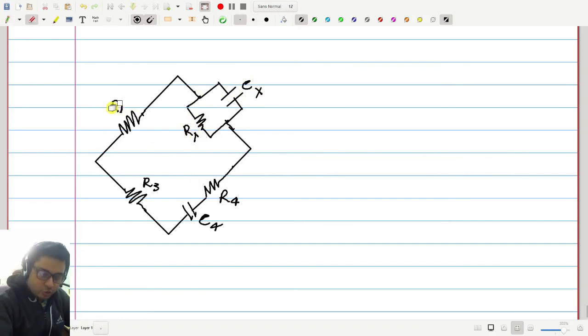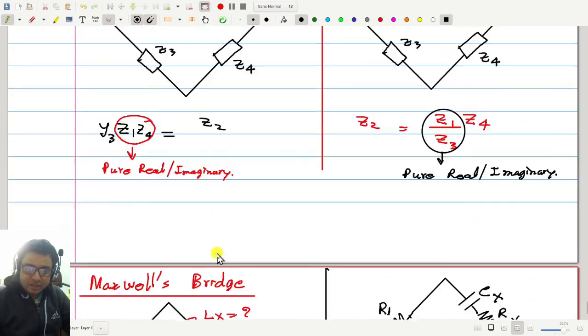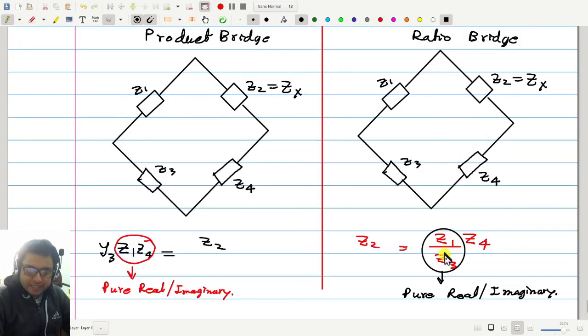What would you like to choose in place of the other 3 impedances? Any suggestion which will give a simple balance equation? Suppose we go for a ratio bridge. For a ratio bridge, we have to take the ratio of 2 adjacent arms to be a purely real or imaginary number.